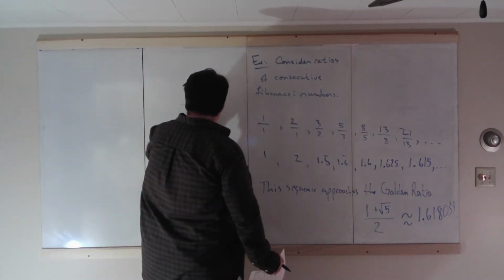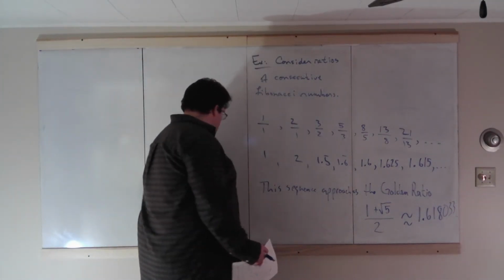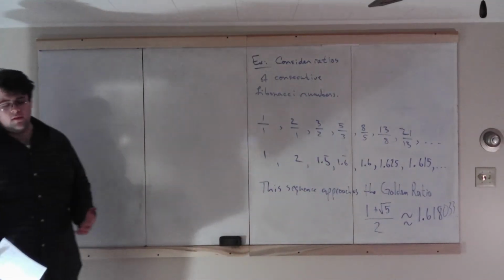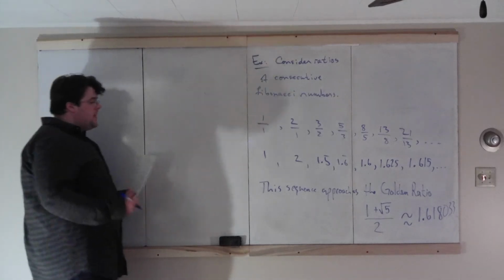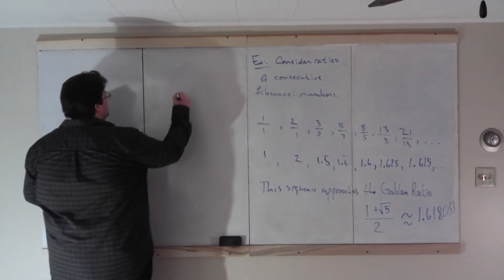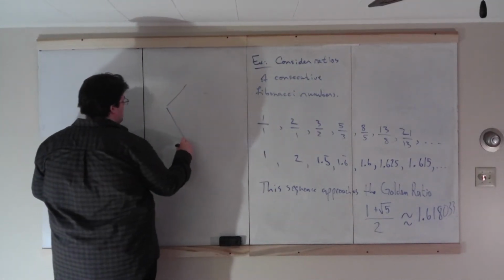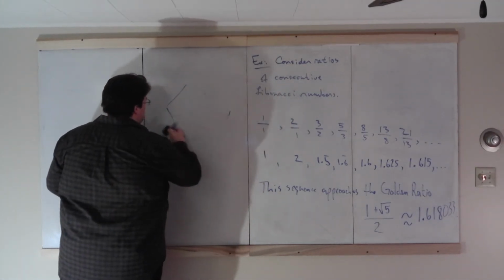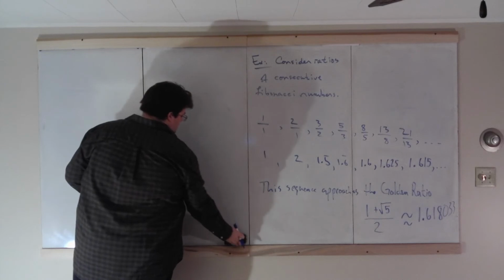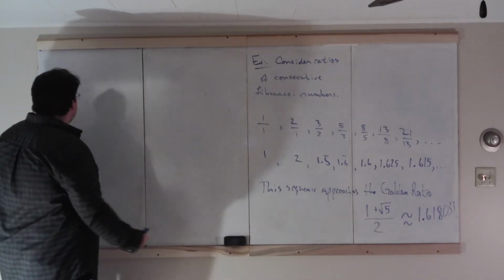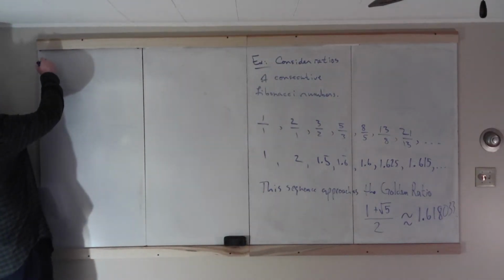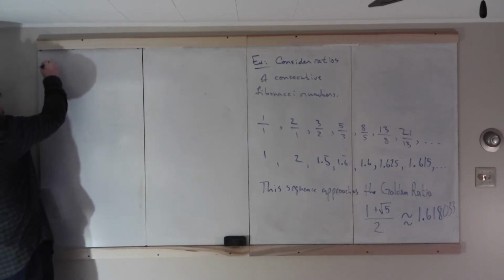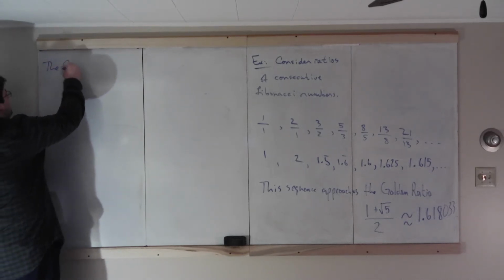The golden ratio also shows up in math a good amount, a lot in math. One area that it shows up in math, I'll just say, remark.